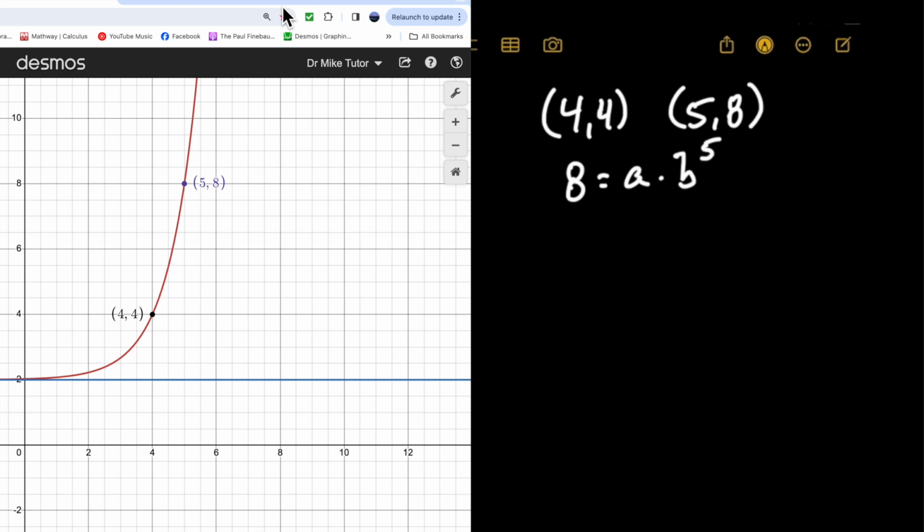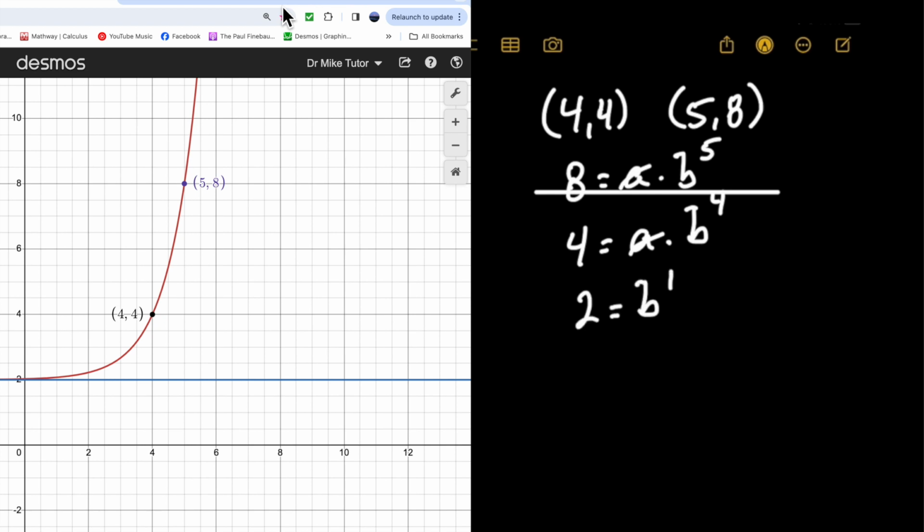Okay, so there's our first equation. Here's our second one. We are now going to divide these equations. We're going to cancel out our a's, and we're going to get 2 equals b to the 1st. We're then going to plug in 2 for b, and let's use the original bottom equation. So we're going to have 4 equals a times 2 to the 4th.